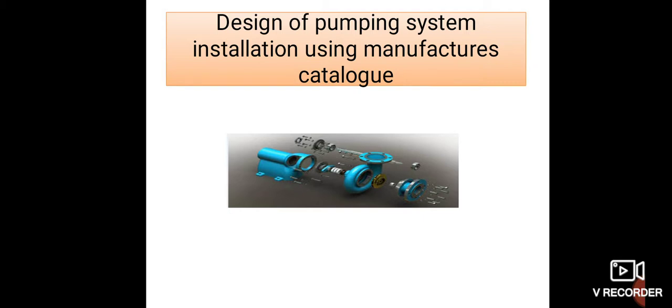Then we have to select the manufacturing head, manometric head, then impeller diameters, water power, then the motor power, and lastly we'll check its maximum suction lift, or net positive suction head.